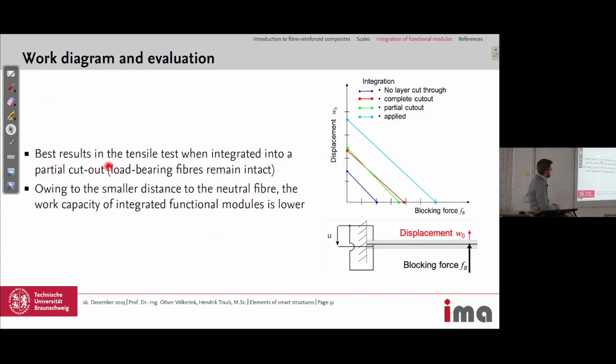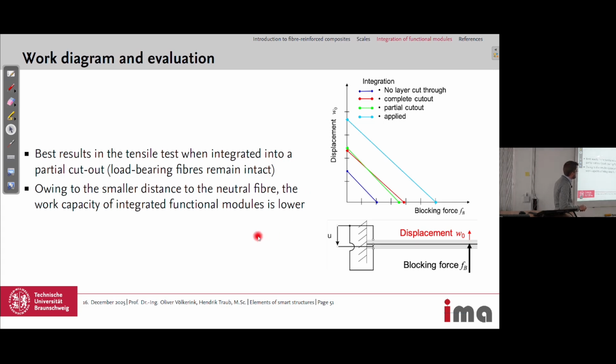So the best results were achieved in the tensile test when we integrated into a partial cutout so that the load-bearing 0-degree fibers remain intact. But owing to the smaller distance to the neutral fiber, or the mid-plane of the laminate, the work capacity of the integrated functional modules is lower than the one applied.